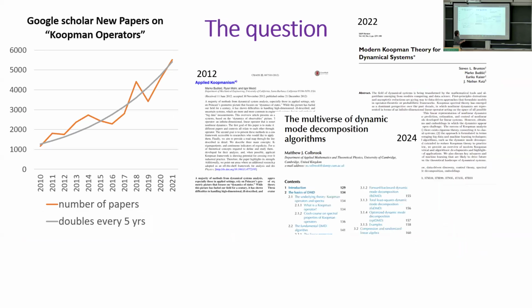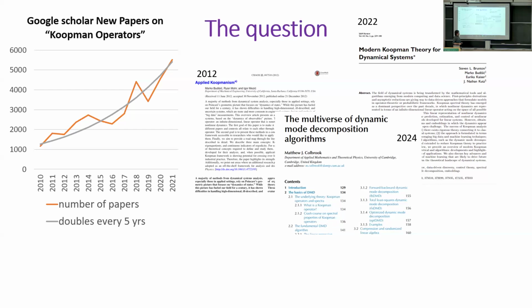There's a few surveys as well, so there's a 2012 one, Applied Koopmanism, a 2022 one in SIAM Review. I've recently done a 2024 one on the multiverse of dynamic mode decomposition algorithms, so trying to get a handle on the vast array of all of these different methods that compute different things.